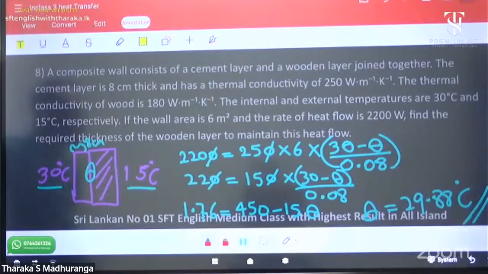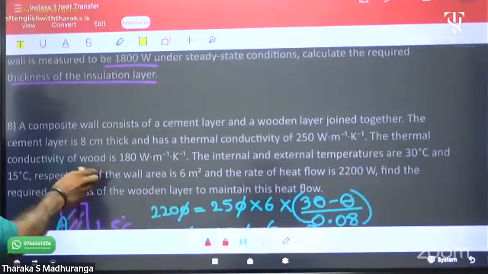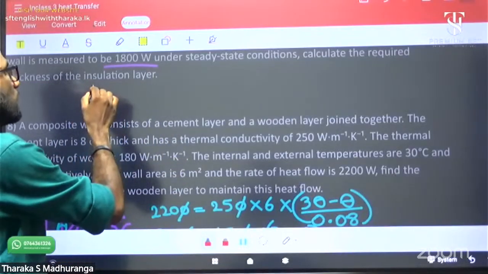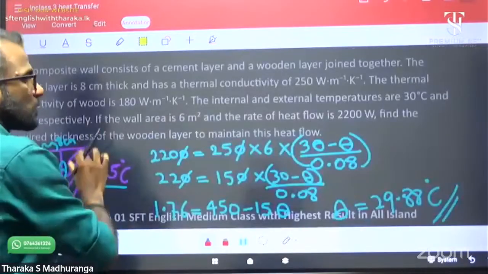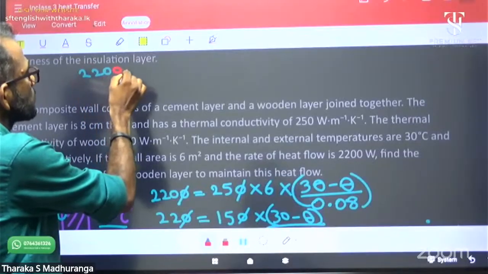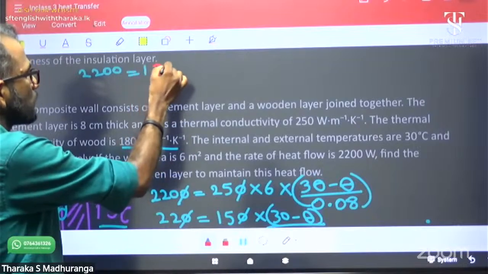Right. Now, how to get this thickness? Again, substitute into the equation with the wooden layer. 2200 equals K, K value is 180.